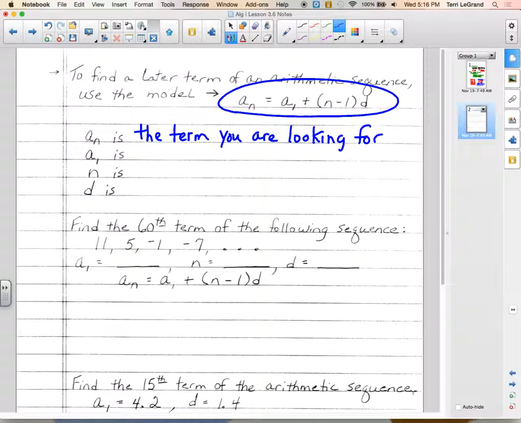Okay. A sub 1 is the first term, the starting term of your sequence. Notice each number in the sequence is called a term. So the first one, the starting one, is a sub 1.